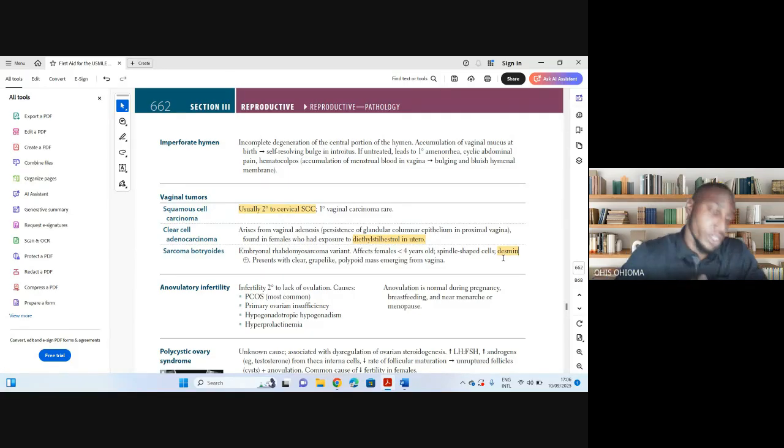So you can be given a question where they will show you the presentation of the fetus, or sometimes they might not give you the picture. They might just tell you the presentation that the 4-year-old child was born, had a normal delivery. On examination, the introitus had a grape-like polypoid mass emerging from the vagina, and they might ask you, okay, what is the diagnosis?